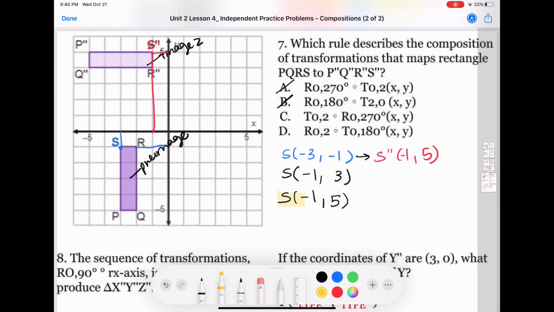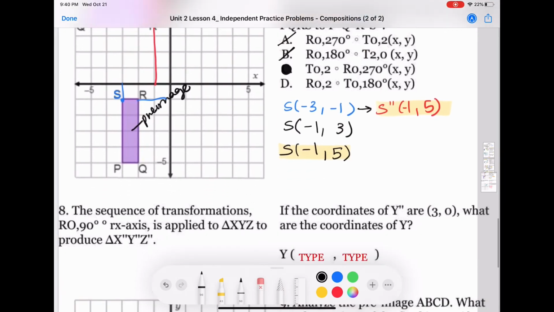And so we have finally found our composition of transformations rule that allows us to get to our resulting coordinate, S prime, in our image 2. Okay, let's go to the next problem.